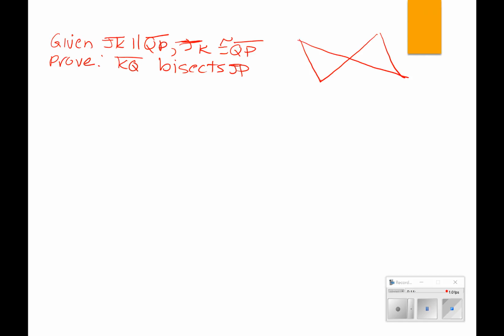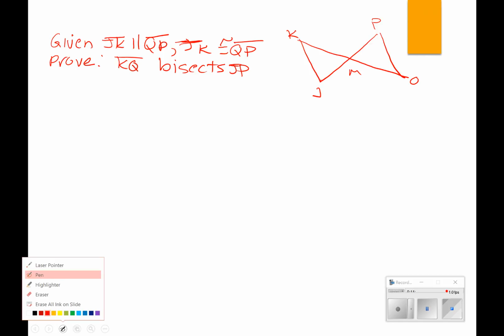So we've got KJ, PQ, and M. Based on what I know, I'm going to mark the diagram. I know that JK is parallel to QP. I know that KJ is congruent to KP.